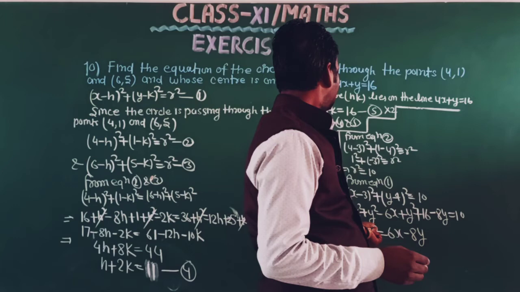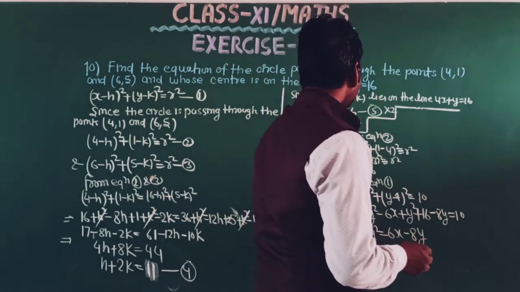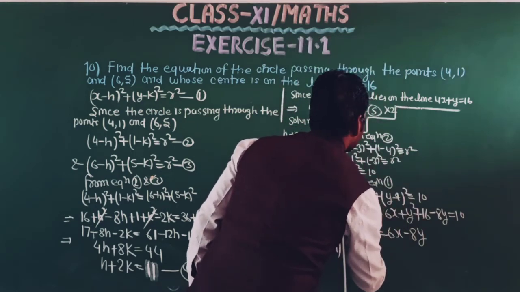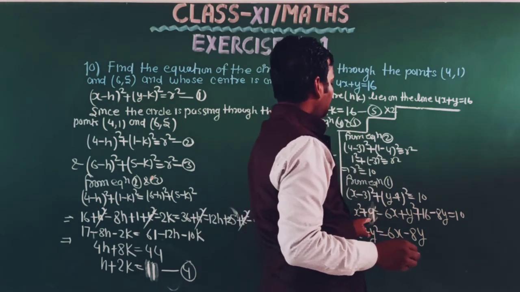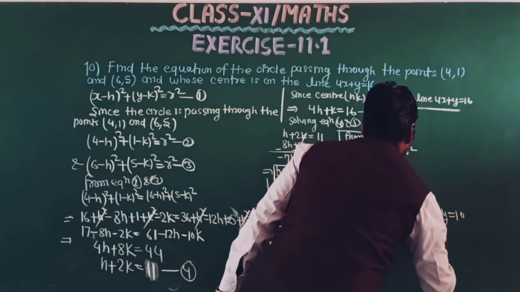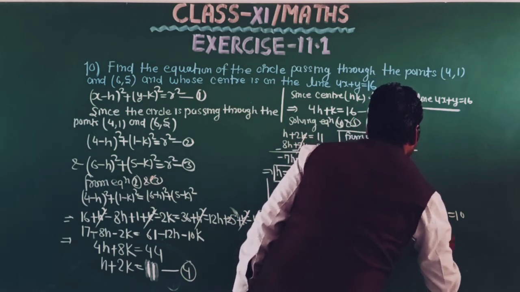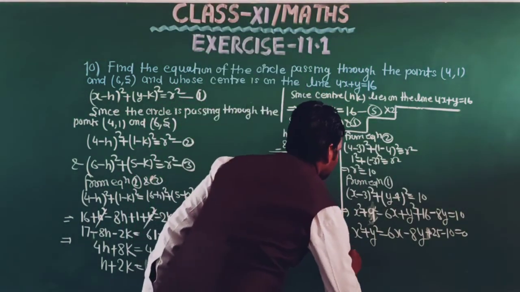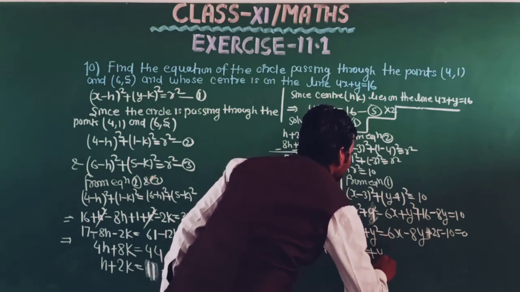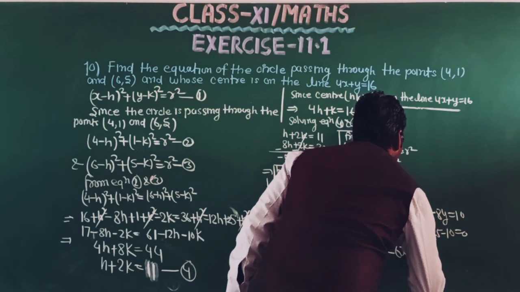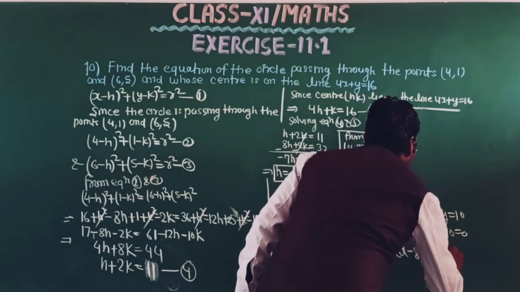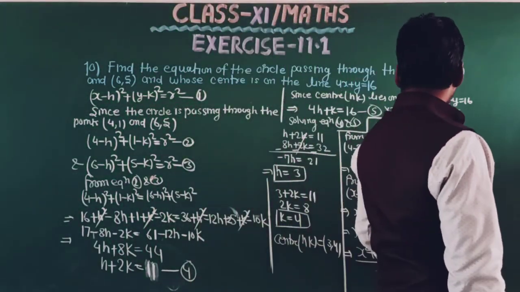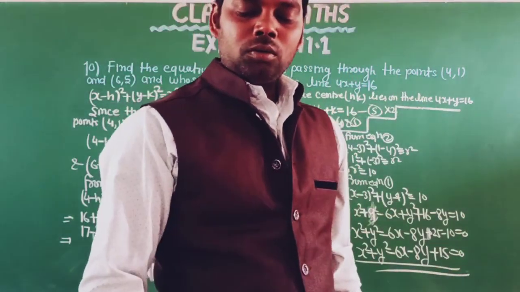This implies x square plus y square minus 6x minus 8y, plus 9 plus 16 is 25, and 10 on the left side gives minus 10. So this expression becomes x square plus y square minus 6x minus 8y plus 15 equal to 0.